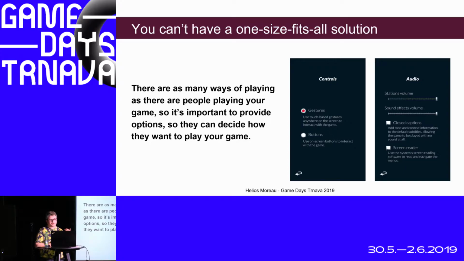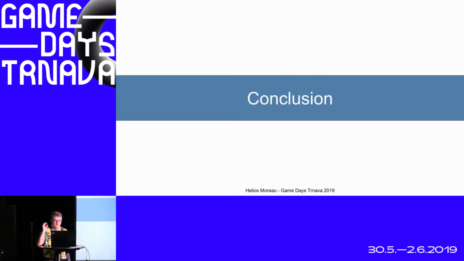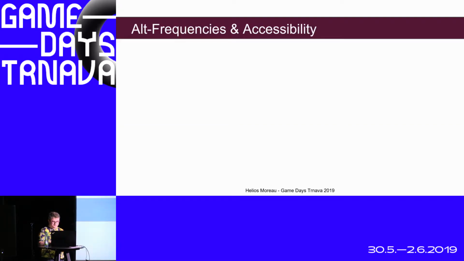You can also manage the sound of the game. You can enable closed captions if you play with text and you want a description of what's happening. And you can also, as I said, enable or disable the screen reader directly from the game. So I'm going to conclude on this whole lecture.